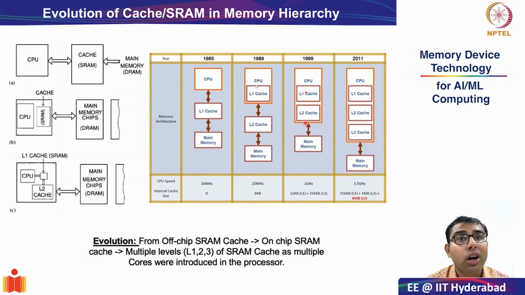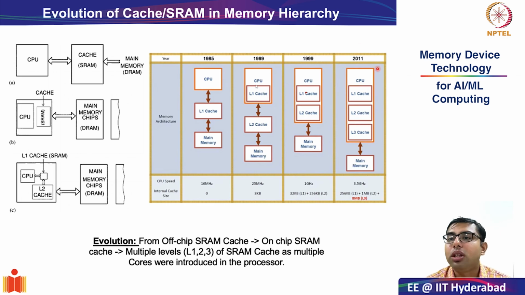But please understand that having on-chip memory is not without its own constraints. As you can see, the size of the CPU chip is becoming larger and larger, and therefore CPU chips will become more expensive because, as we have been discussing, in silicon CMOS technology, the footprint is directly correlated with the cost of the chip.